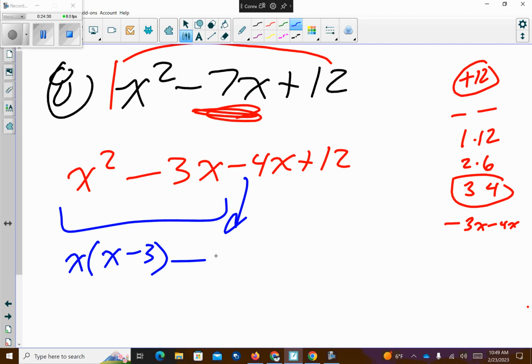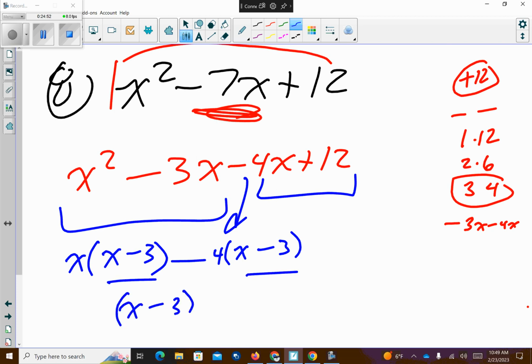Middle sign comes down. Means I'm factoring a negative out. What can I factor out of 4x and 12? 3 doesn't go into 4, though. 4. Good. I have to change the sign because I took this negative out. Those are the same. Love it. X minus 3, x minus 4.